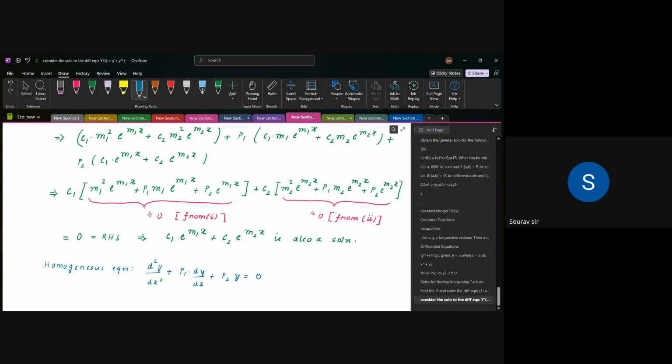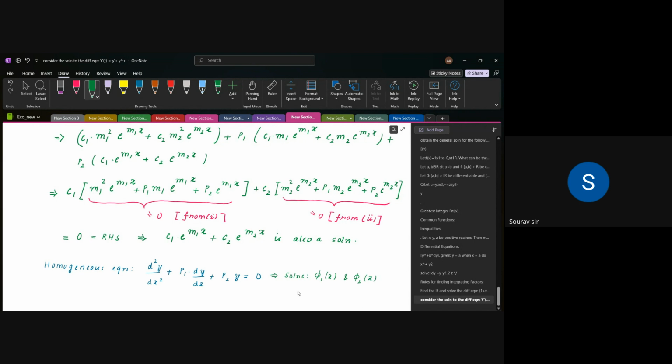Instead of taking very specific examples, let's say that it has two solutions, phi 1x and phi 2x.